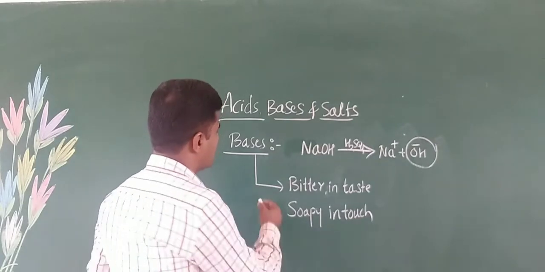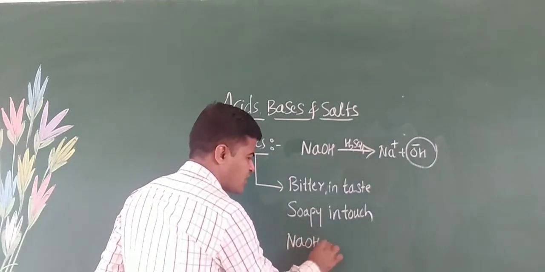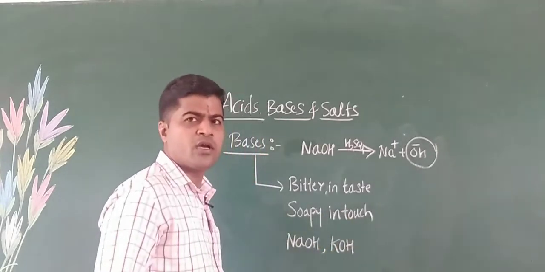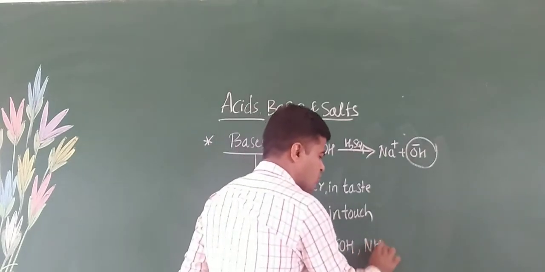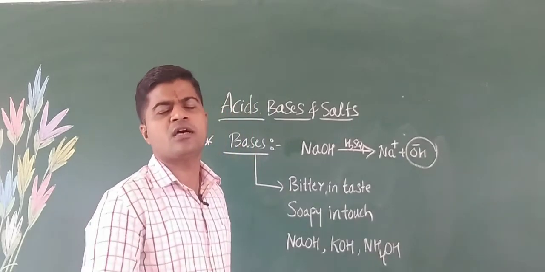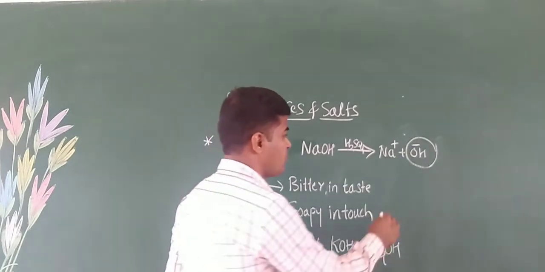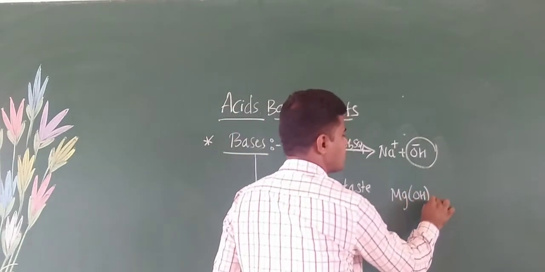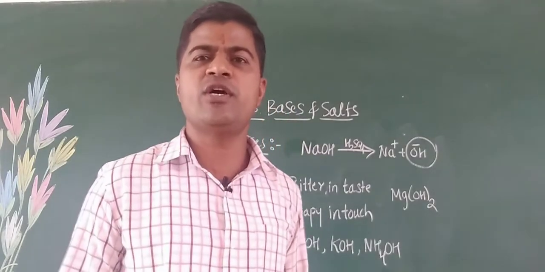We can give many examples, like sodium hydroxide, NaOH, potassium hydroxide, KOH, and even ammonium hydroxide, NH4OH. These are the important bases which we use, and even the very familiar one, Mg(OH)2, which is used as an antacid.